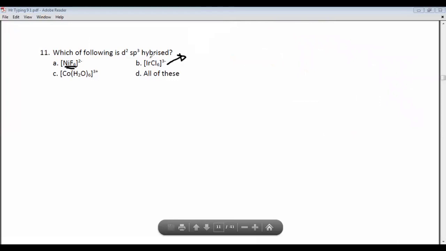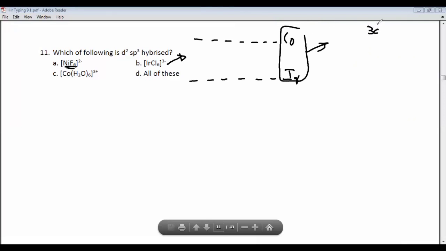What about iridium 3 plus, cobalt 3 plus? Actually, cobalt and iridium, they are in the same group. Scandium, titanium, vanadium, chromium, manganese, iron, cobalt. Lanthanum, hafnium, tantalum, tungsten, rhenium, osmium, iridium. So these two are in the same group. But normal cobalt has a configuration of 4s2 3d7, like that your iridium has 6s2 5d7.